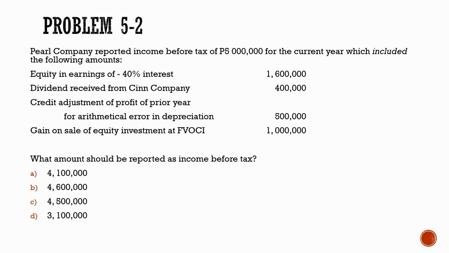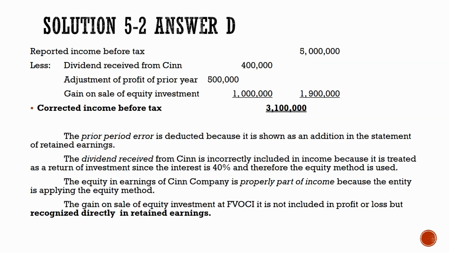Ang company daw po ay may equity in earnings of 40% interest na 1,600,000, dividend received from Sin Company na 400,000, credit adjustment of profit of prior year for arithmetical error in depreciation na 500,000, and gain on sale of equity investment at fair value through other comprehensive income na 1 million. So let's proceed to the solutions.